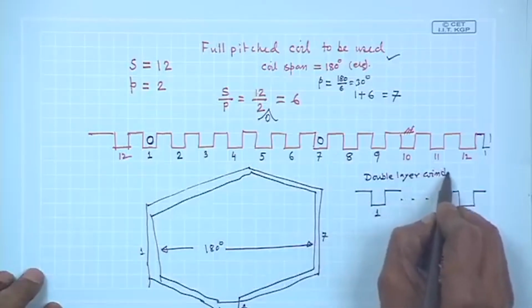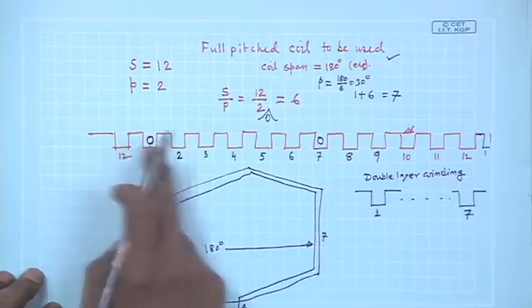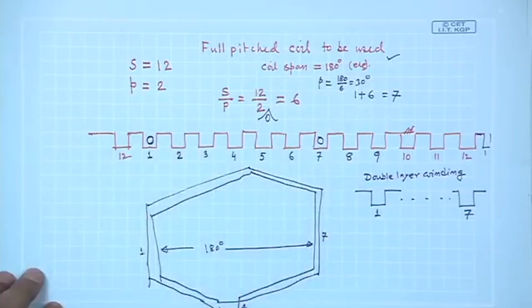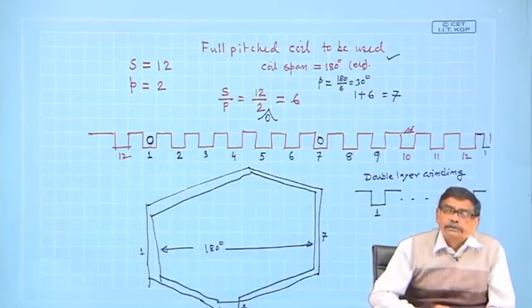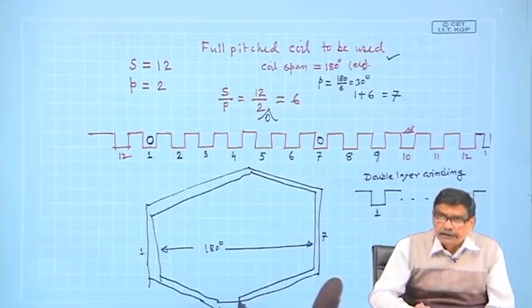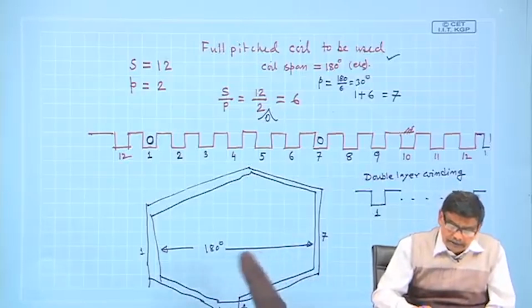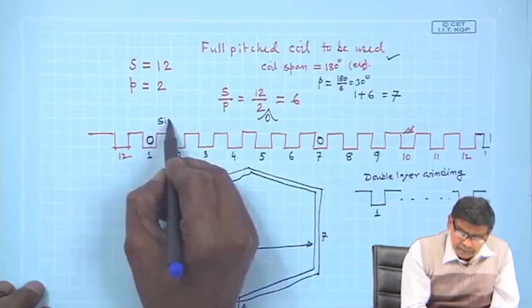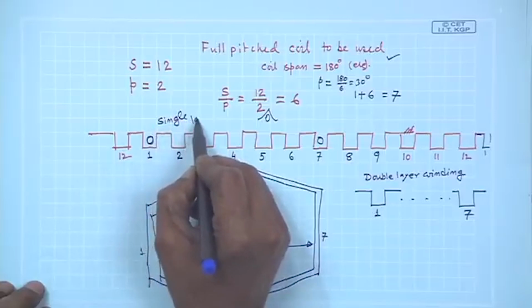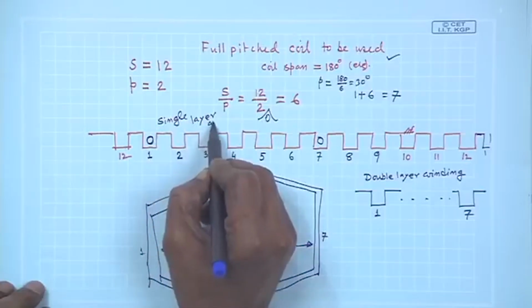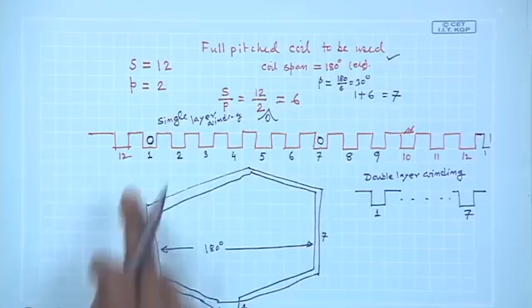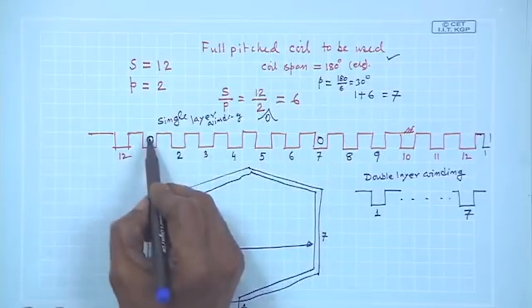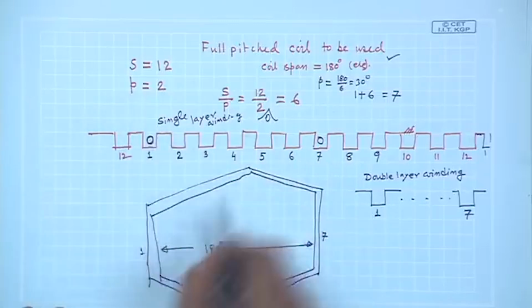This is single layer: in each slot there will be only one coil side present. Therefore, when each slot accommodates a single coil side of a particular coil, it is called a single layer winding. As shown here, 1 and 7, one coil side, and this coil side of course has multiple turns.